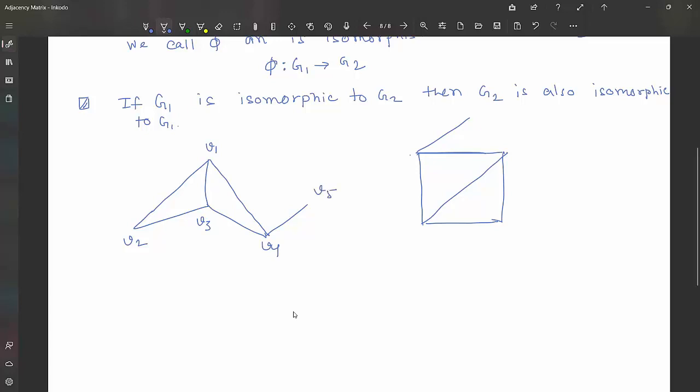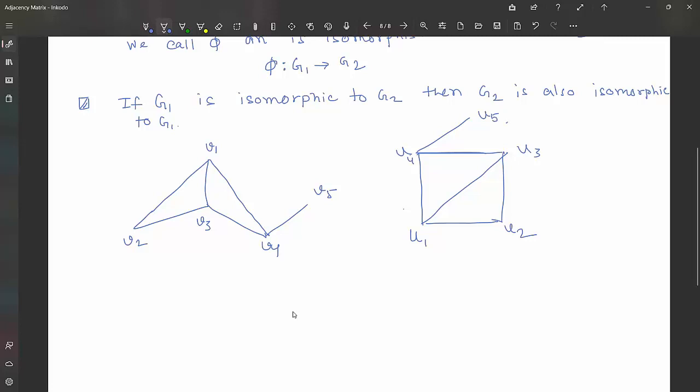Suppose there are two 3-degree vertices V1 and V3, and in the other graph we label the vertices U1, U2, U3, U4 and U5.